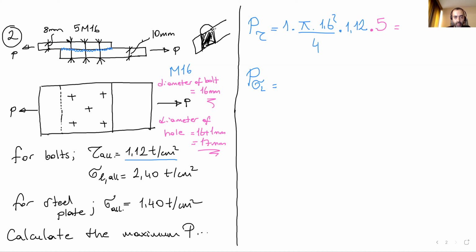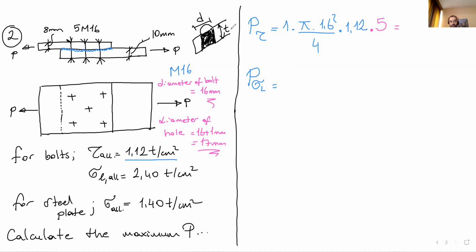We calculate this area. This area bears the plate, the maximum area of the bolt. So the area is here. This is the D. This is the T. Which T? The minimum T, because if we calculate the minimum area, we are going to have the maximum stress. That's why we check that point.